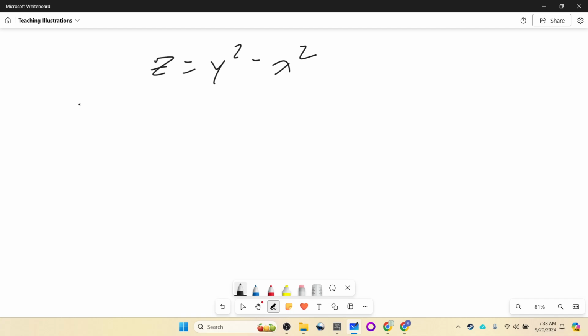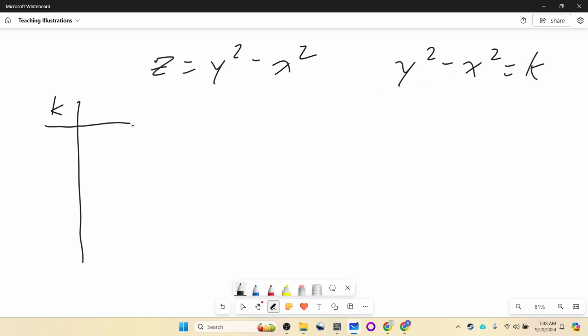Let's make a table here. We're going to set a k value: y squared minus x squared equals k. I use k for the constant because z is a variable, but we're setting z to be one specific number. If k is 0, then y squared minus x squared is 0, so y squared is x squared.